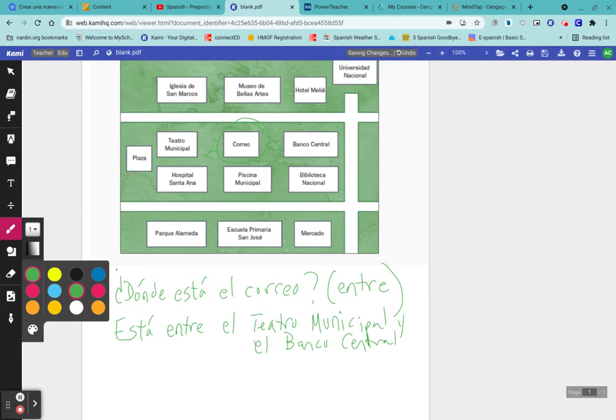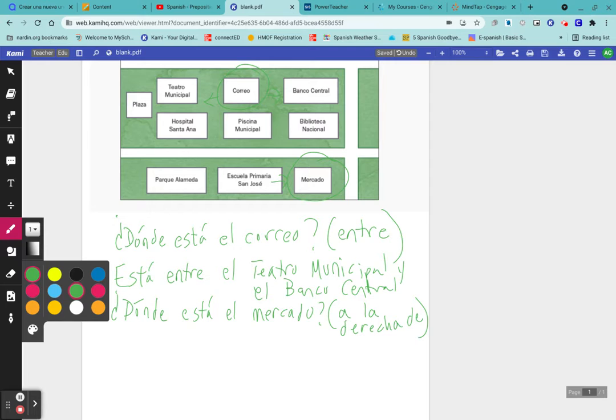And what if we wanted to say, ¿Dónde está el mercado? Where is the market? And say that we wanted to say that the market was to the right of the Escuela Primaria San Jose. So we know that's a la derecha de, to the right of.